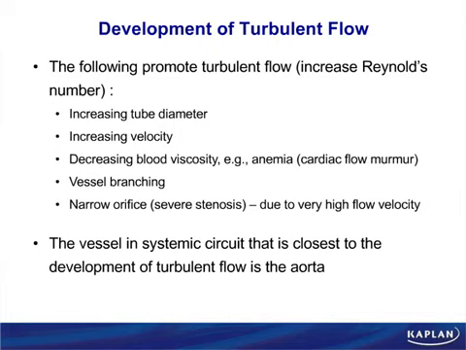And one of the places where we may develop that turbulence is, of course, the aorta. Other things that will do it are branching of blood vessels. That's going to create a scenario where we're more likely to generate turbulence. And also, as we indicated before, a stenosis due to the very high velocity.